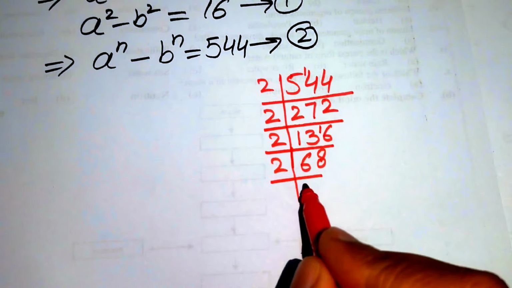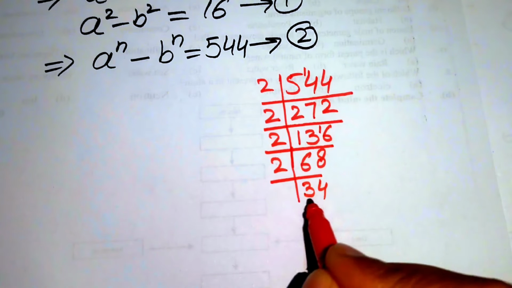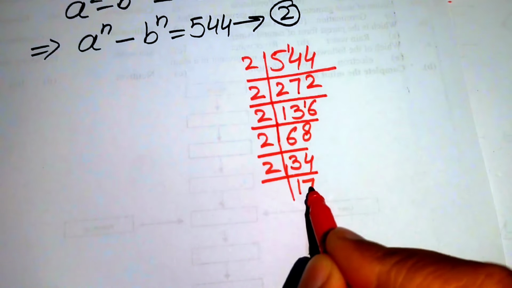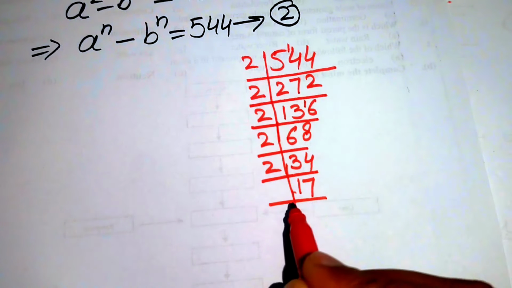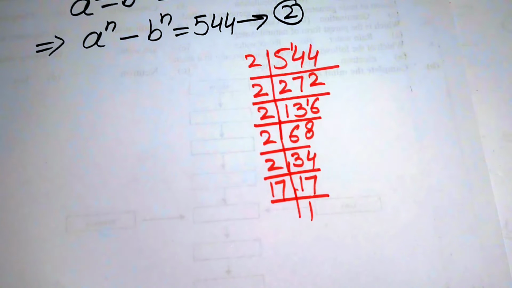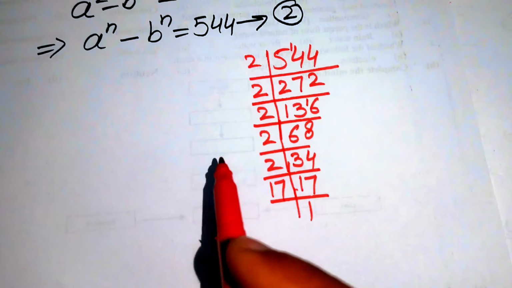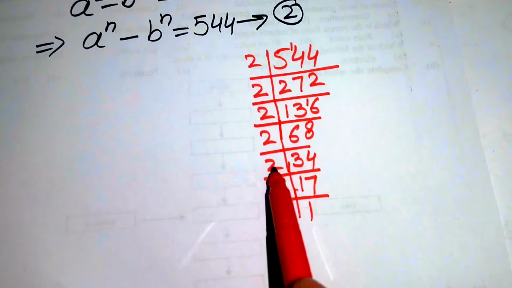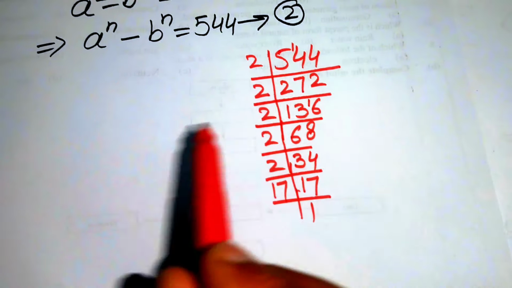We again divide by 2: 2 3s are 6, 2 4s are 8, 2 1s are 2, 2 7s are 14. At the last we divide by 17, and 17 ones are 17. So we have 2 five times, times 17.